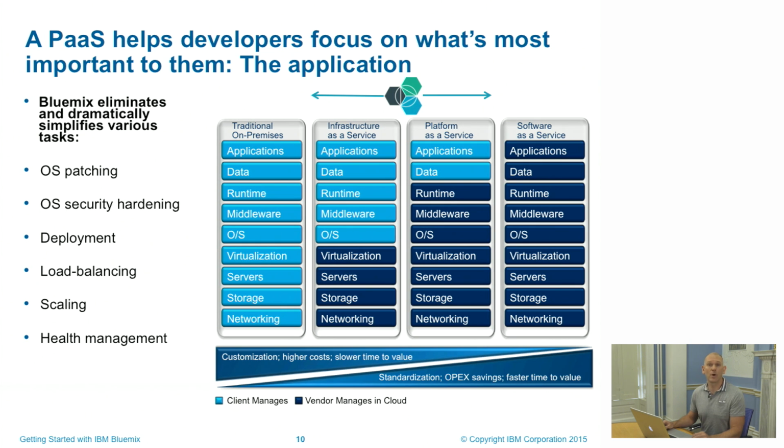That's where they just acquire, as a service, the business functionality they need. They don't need to worry about where or how that is provided to them. They just consume an application on demand. As we move from traditional to software, obviously the costs become lower. We save on OpEx and we get a faster, more agile environment. But we do lose the ability to customize that environment.